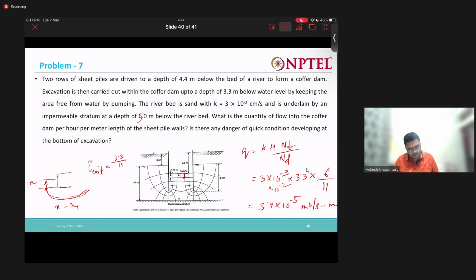Right? Divided by the length, which is given as 0.65 meter. If I calculate 3.3 by 11 divided by 0.65, it will be 0.42. This is my exit gradient.